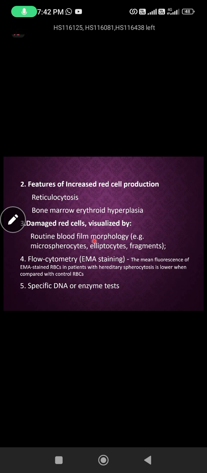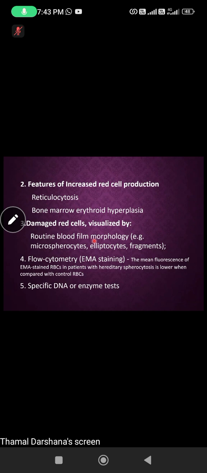usually a macrophage. The macrophage can identify red blood cells with oxidative damage, like in the case of G6PD deficiency, unstable hemoglobin, or PK deficiency. Macrophage identifies such cells and removes part of the red blood cells when they travel through the RE system.